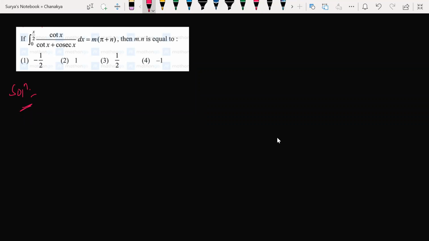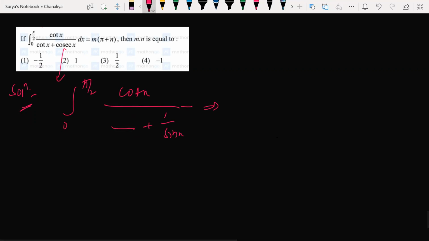Very simple, guys. Modify this function and write this: integral 0 to pi by 2 of cot x divided by cot x plus 1 by sin x. Sorry, cot x is cos x by sin x.